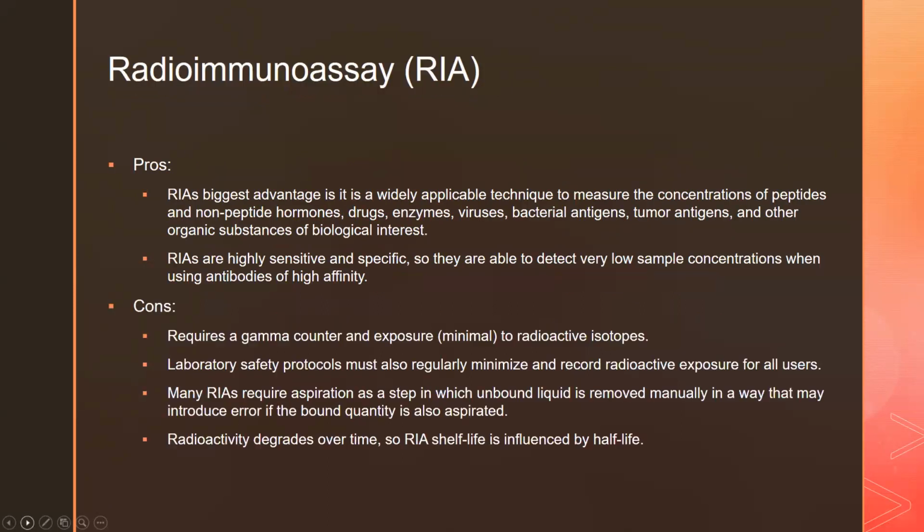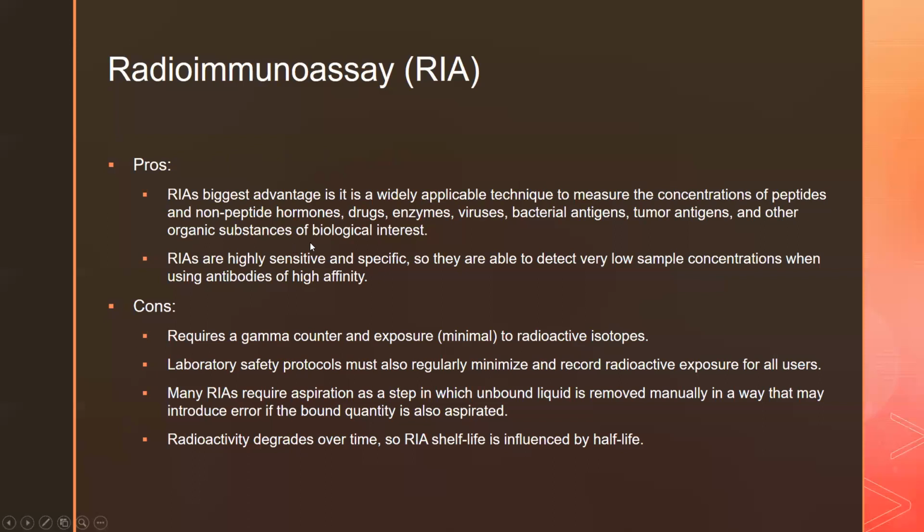So these are the list of pros and cons. The ones I want to point out specifically are that they're highly sensitive and specific, so they're able to detect very low sample concentrations. Remember I was talking about antibodies being of high affinity.